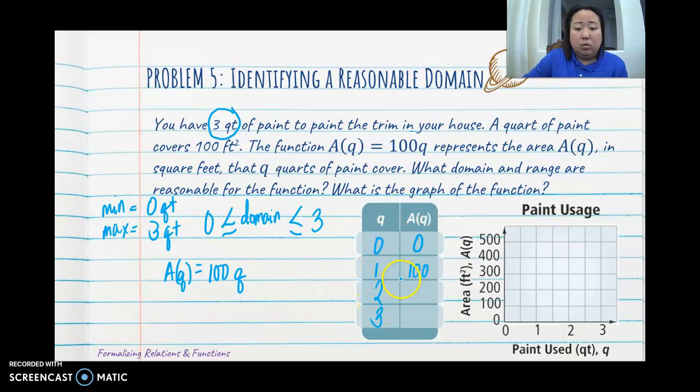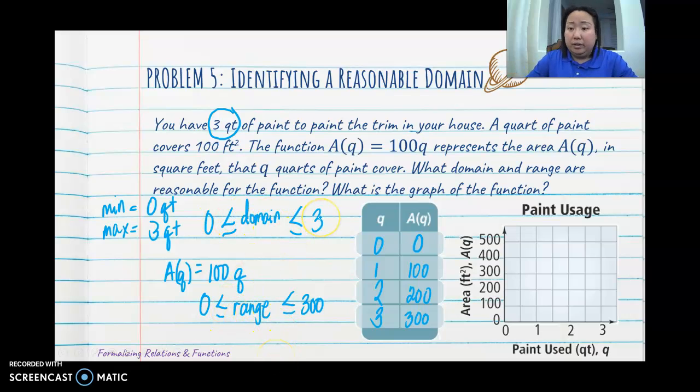If you have 2 quarts, you will be able to cover 200 square feet. And if you have 3 quarts, you will be able to cover an area of 300 square feet. So these numbers are your range. Our range is somewhere between 0 and the maximum, which is 300. So these are our reasonable domain and reasonable range.